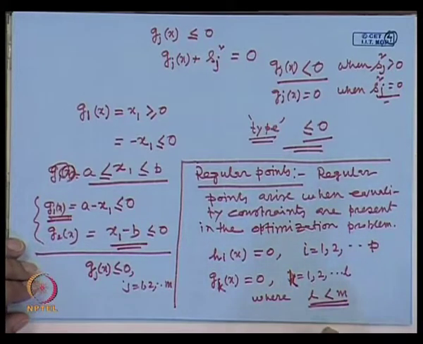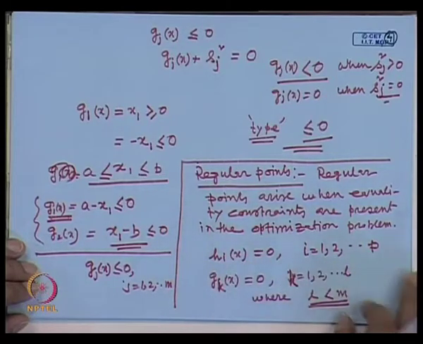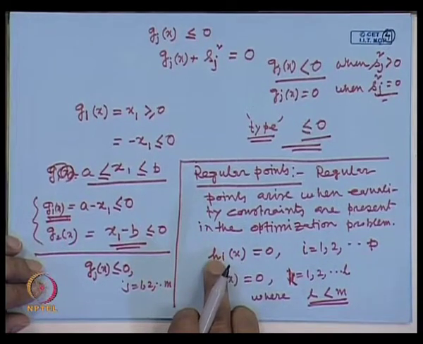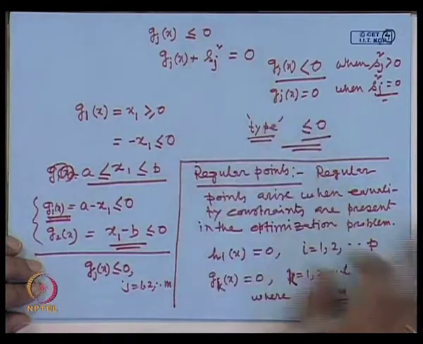If x star is a regular point, then the gradients of h and of g_k for the active constraints should all be linearly independent. Then that point will be a regular point of this optimization problem.